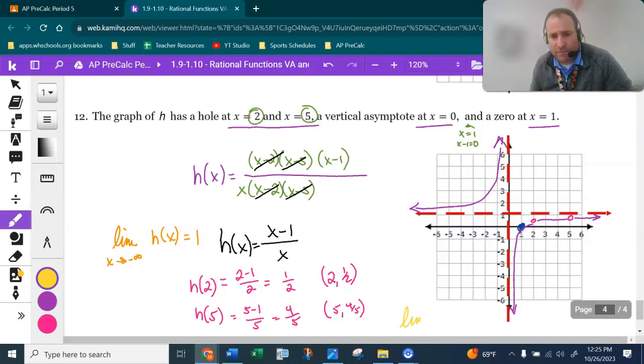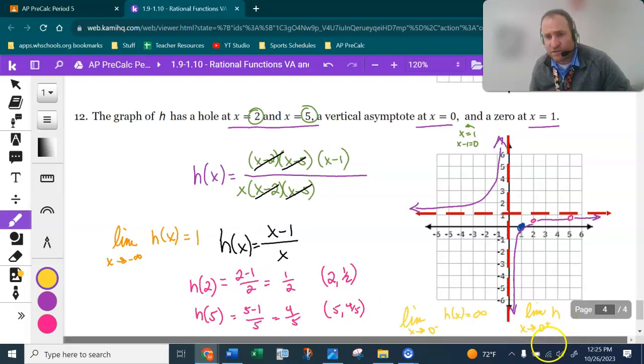The limit as x approaches 0 from the negative side, our function h of x goes up to infinity. But the limit as x approaches 0 from the positive side, our function goes downward.